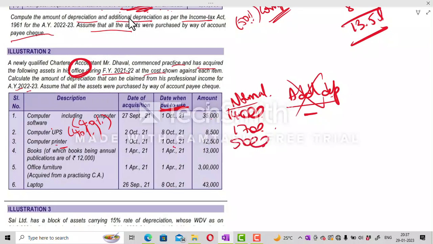Books, see, any kind of books should be depreciated at 40%, and we have put to use the books on 1st April 21, means whole of the year we have taken that one, 13,000 into 40%, 5,200.